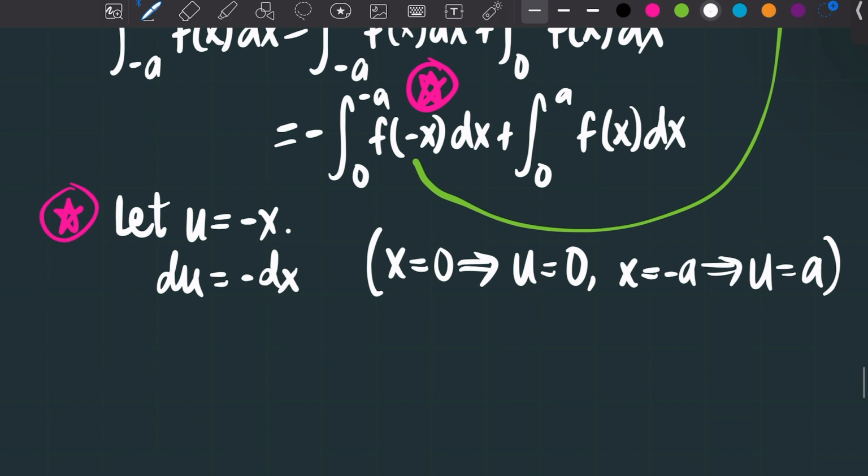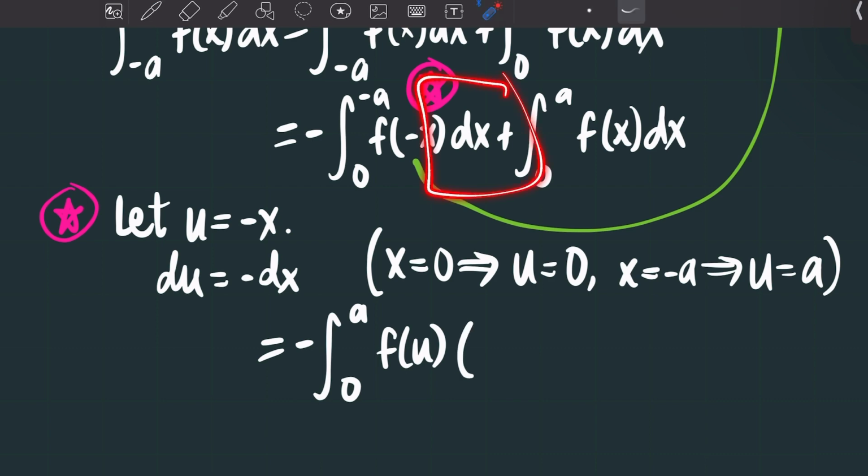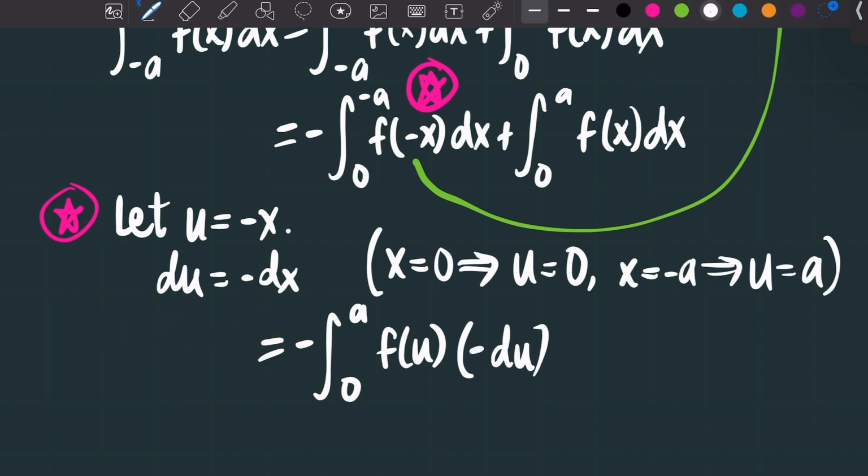So, we get here negative integral from 0 to u equals a of f of u times yung dx ay magiging negative du. Since if we multiply by negative 1, we get negative du equals dx. So that's negative du plus integral from 0 to a of f of x dx.